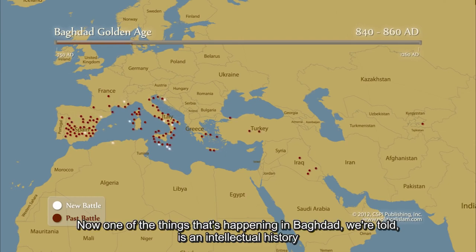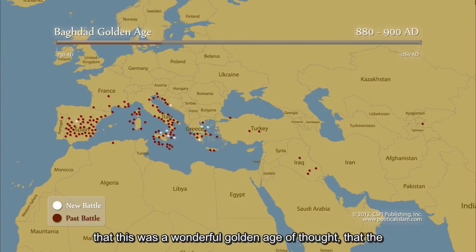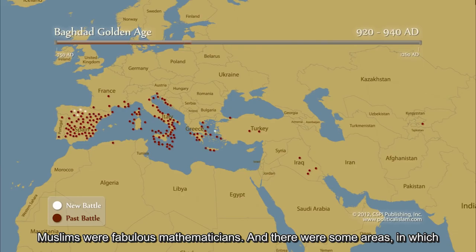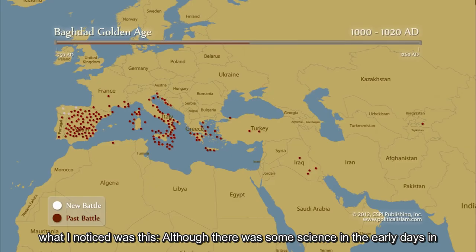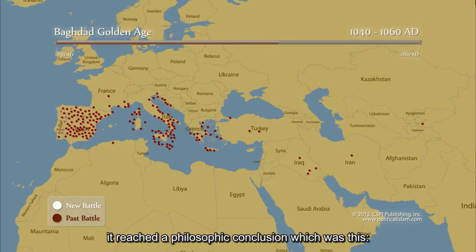Now, one of the things that's happening in Baghdad, we're told as an intellectual history that this was a wonderful golden age of thought, that the Muslims were fabulous mathematicians, and there were some areas in which they excelled. Geography and astronomy was one. But as a scientist, what I noticed was this. Although there was some science in the early days in the Baghdad Golden Age, it reached a philosophic conclusion which was this.